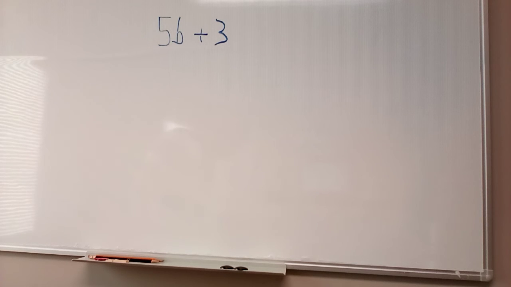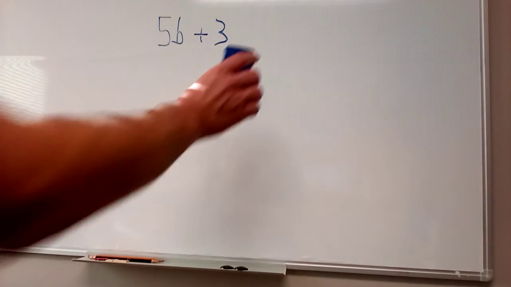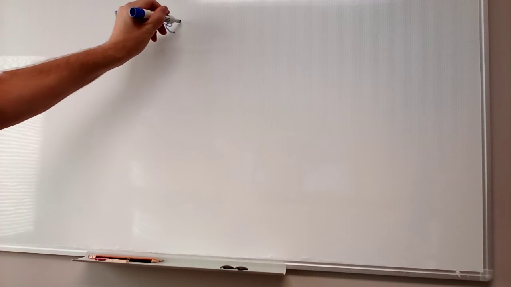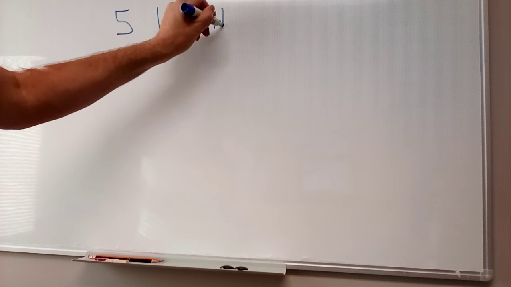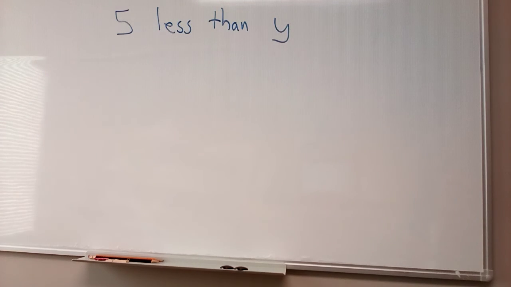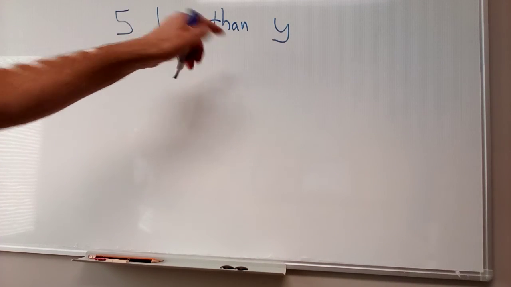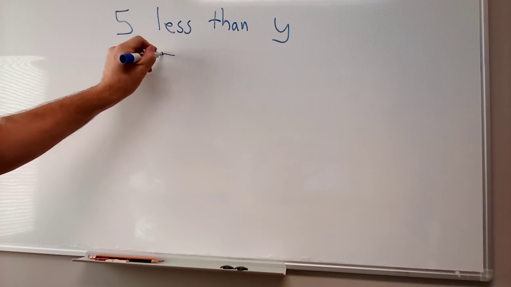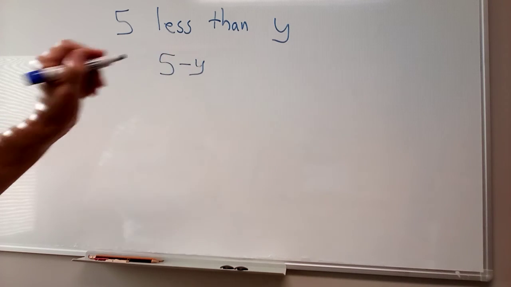So what if I said 5 less than y? You've got to be very careful in your subtraction problems that you put these in the correct order. If I want 5 less than y, the thing that would be tempting to do would be this, 5 minus y.